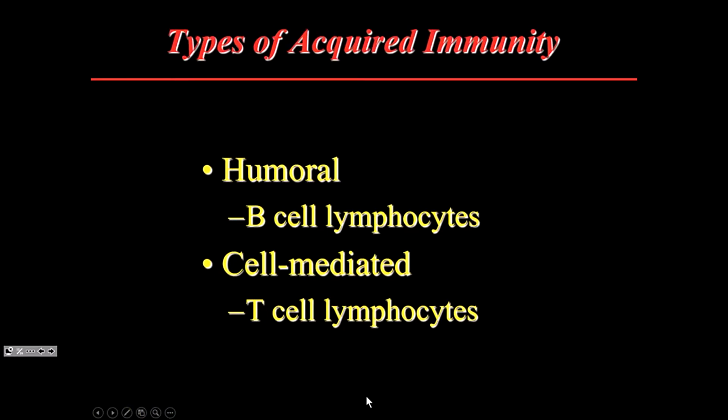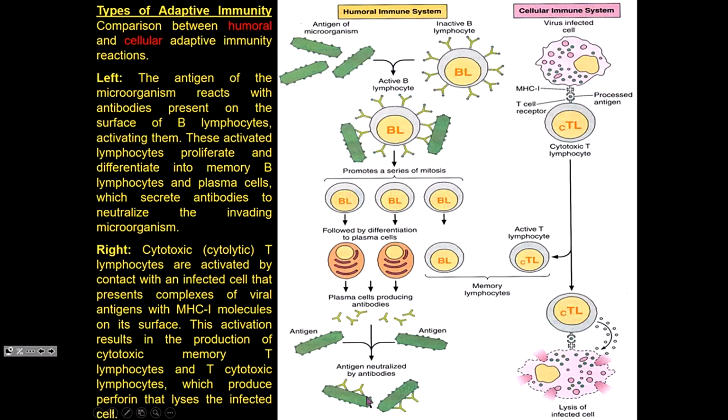Okay, so types of acquired immunity. Humoral immunity involves B cells differentiating into plasma cells secreting antibodies, and cell-mediated immunity involves cytotoxic T cell killing of cells that have been infected with, say, viruses. So here's a comparison of humoral and cellular immunity.